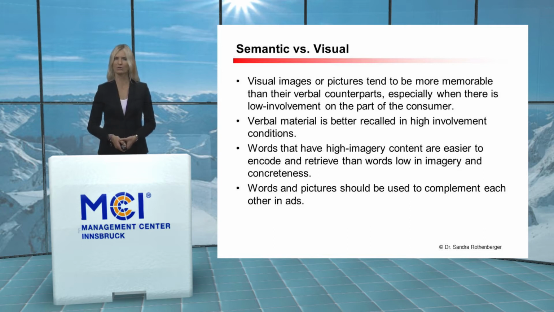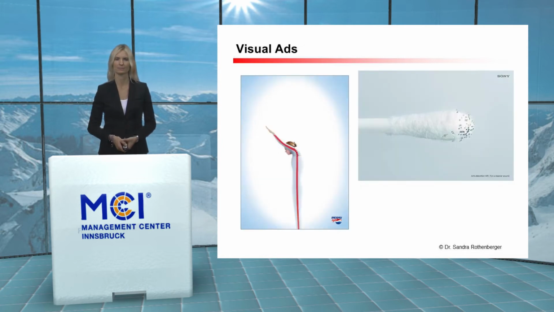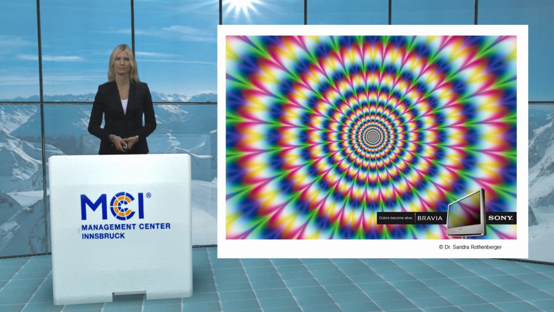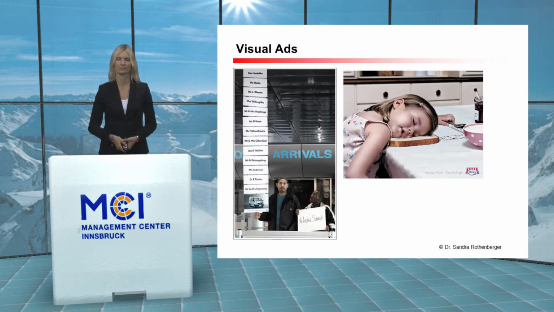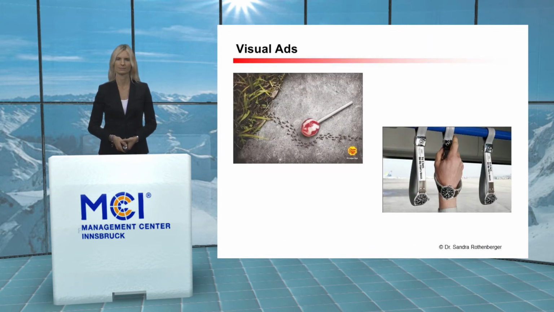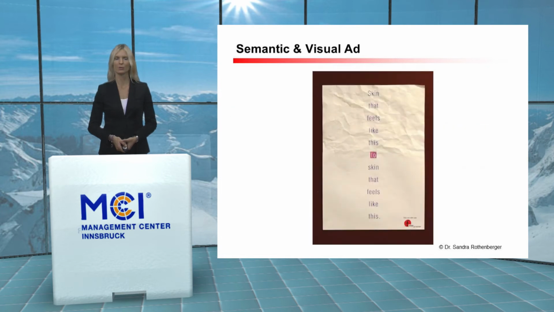Look closer at those visual ads. Here we are talking about so-called visual stimuli, which are exposed to the consumer. Here we have a combination of semantic and visual stimuli.